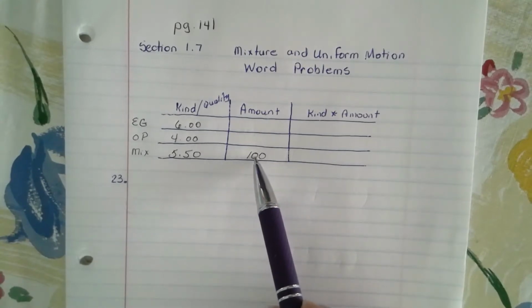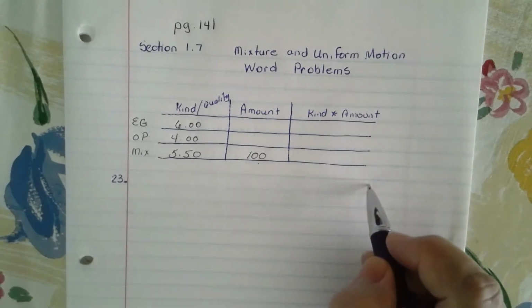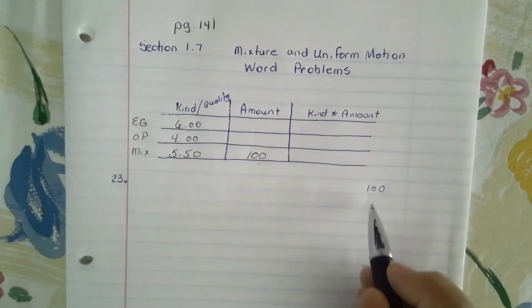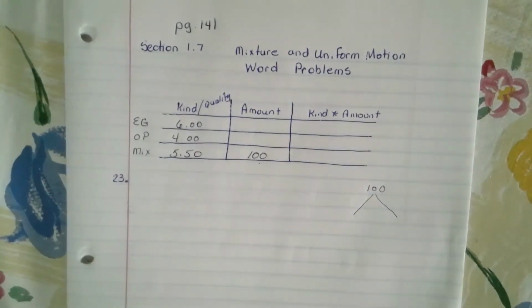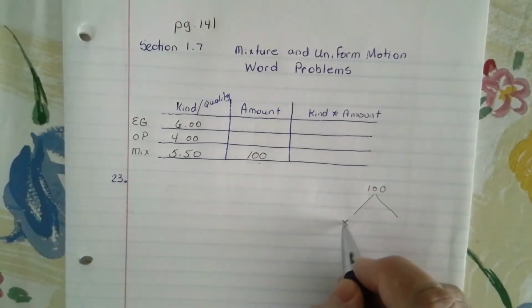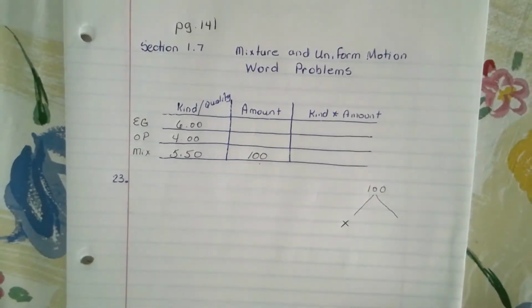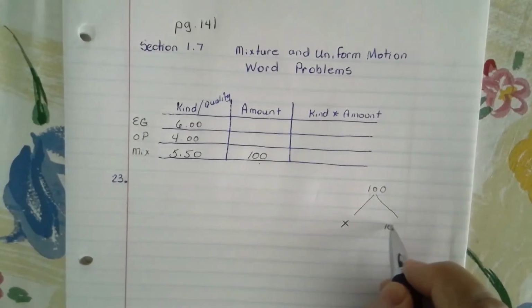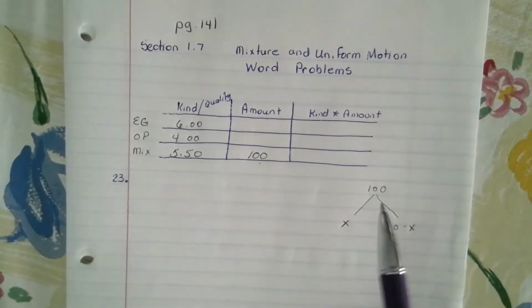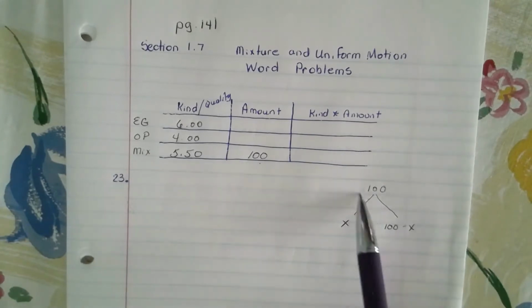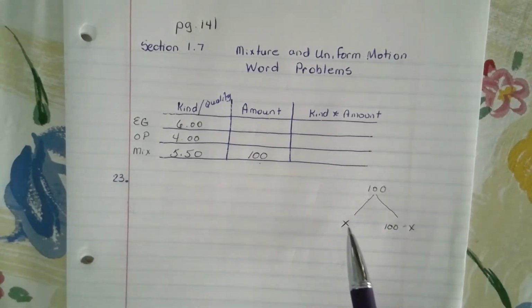And if you have a total amount and you want to split it into two parts that are not necessarily equal, you call one of those X and the other one 100 minus X. Now let's see how that works. Suppose that you wanted to end up with 100 and this amount was to be 30.